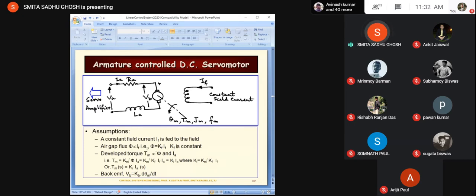So if we write that Tm is equal to some constant into phi into Ia, that constant is denoted by Km prime. So Tm is equal to Km prime into phi into Ia. Now replacing phi by Kf If, we have Tm is equal to Km prime Kf If Ia.